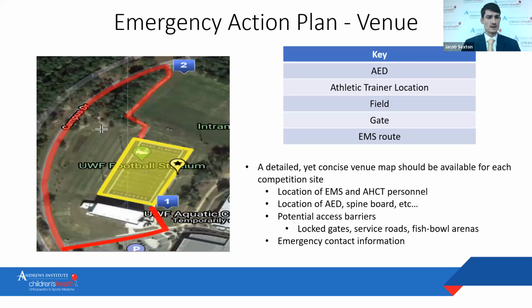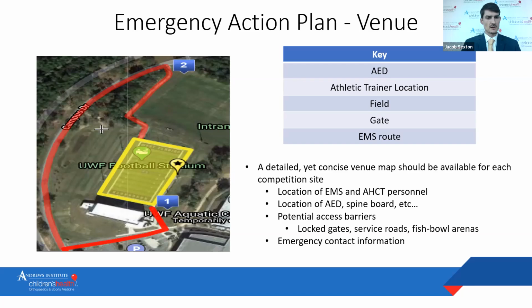You should also have the field and the venue where they're actually playing labeled, as well as any obstructions that would prevent appropriate or timely access to the venue, and the EMS route that's anticipated. Because sometimes at some of these local or more rural events, particularly cross country, marathon events, and those types of things, some of the back access roads might not be readily identifiable or readily accessible.